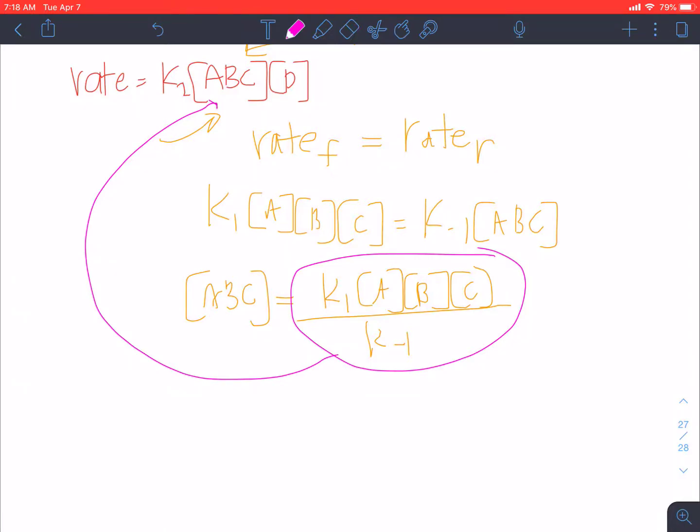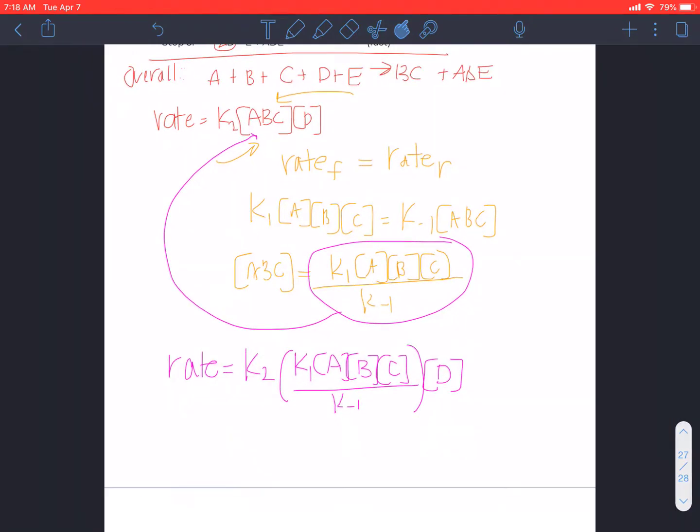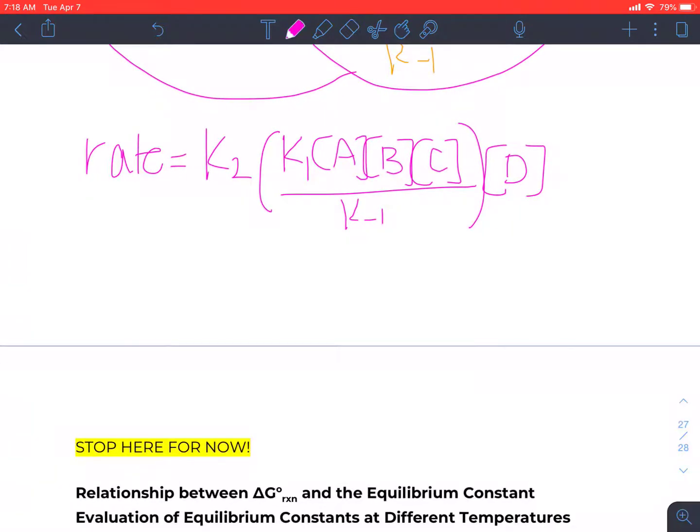And so what that gives me is rate equals K2. ABC is going to be K1, A, B, C over K to the negative 1 times the concentration of D. And what you can do here is pull together all of these constants.